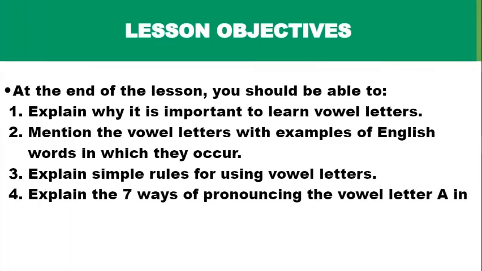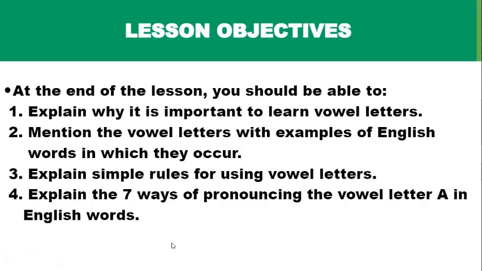And 4, explain the 7 ways of pronouncing the vowel letter A in English words. Of course, in subsequent lessons, we're going to look at other vowel letters in greater detail, but today we are going to take a detailed look at the vowel letter A after taking a general look at the vowel letters.